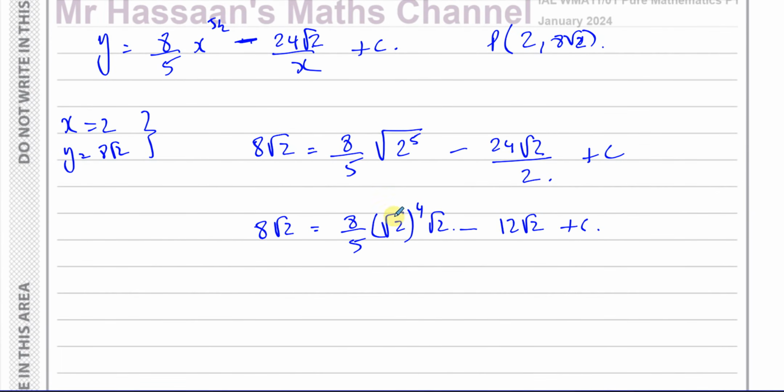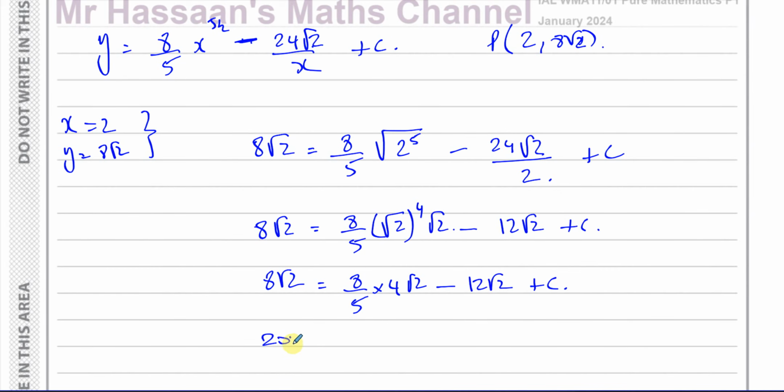Root 2 to the power of 4 is root 2 times root 2 times root 2 times root 2, which is 2 squared, which is 4. So we have 8 root 2 equals 8 over 5 times 4 root 2 minus 12 root 2 plus c. So we can add 12 root 2 to both sides.